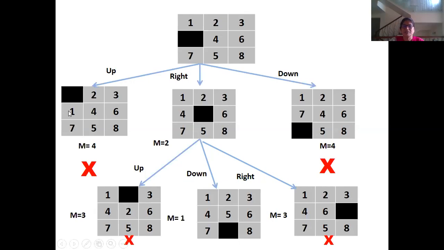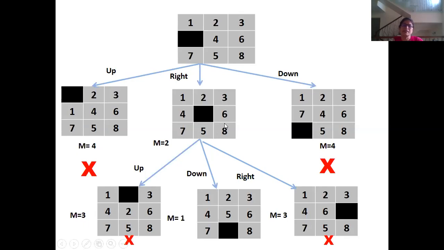So 1 is not at its right position. 4 is also not at its right position. 6 is at its right position. 7 is at its right position. 5 is not at its right position. 8 is also not at its right position. So how many blocks are not at their right position? If you count again, it will be 1, 2, 3 and 4. So what is the value of misplaced M? That is 4. M is a variable representing the number of blocks which are misplaced. So in this state, there are 4 blocks which are not matching with the goal state.